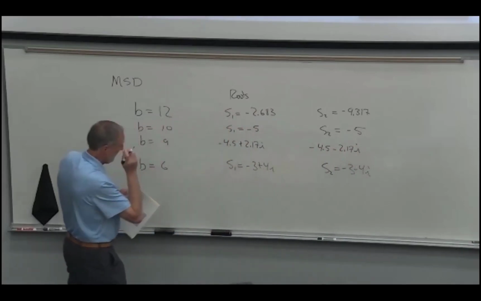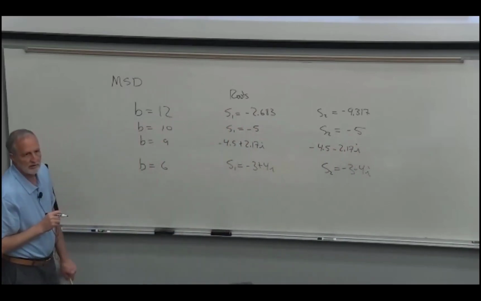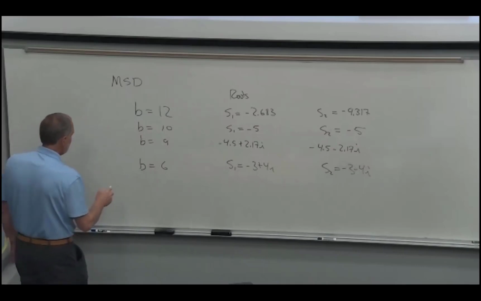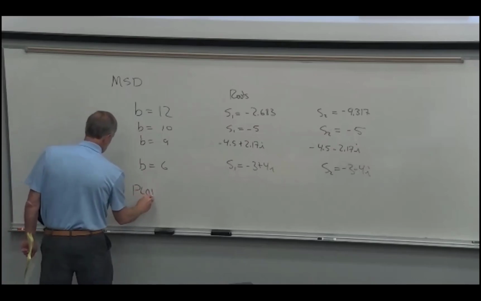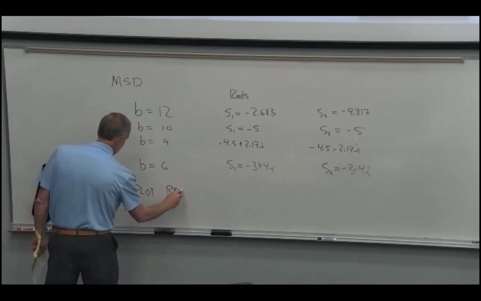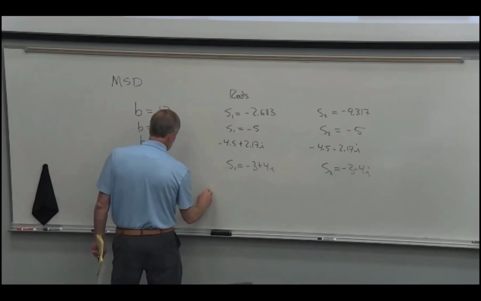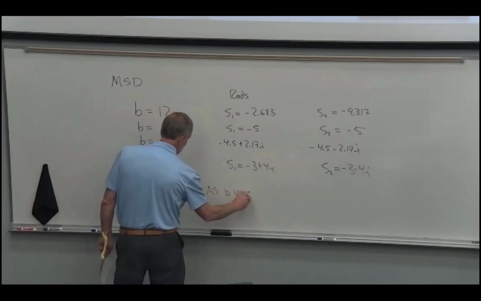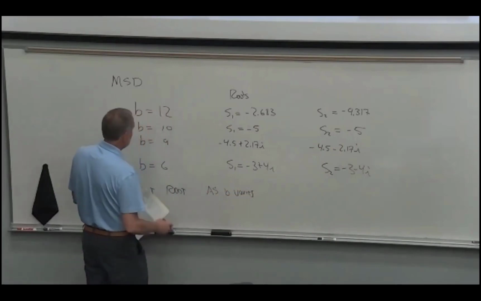And we're saying, hey, when we change B, obviously it changes the roots and it changes the stability. So how does B really affect the stability? It'd be nice to do a plot of the roots on the complex plane as B varies. And so we can do that.